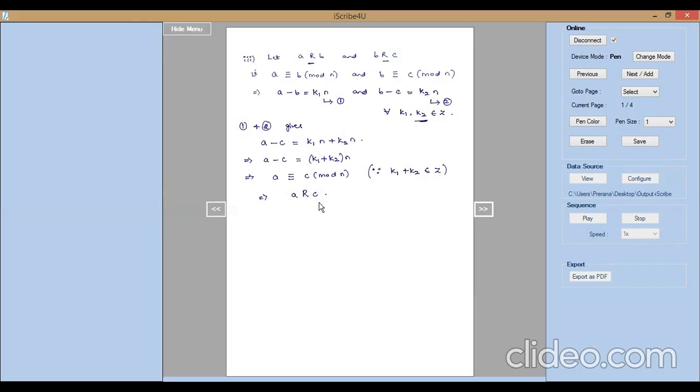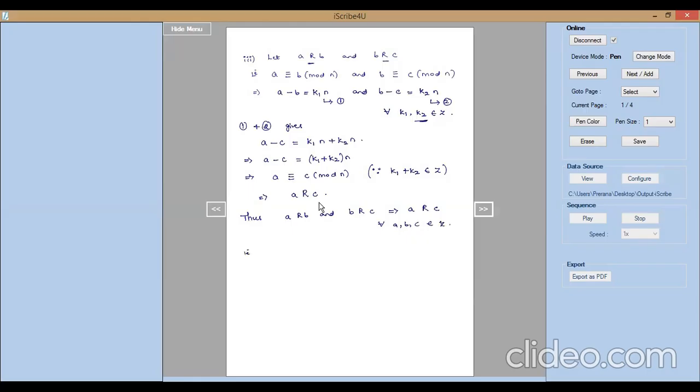We'll write down the same thing. Thus A is related to B and B is related to C implies A is related to C for all A, B, C belonging to the set of integers.